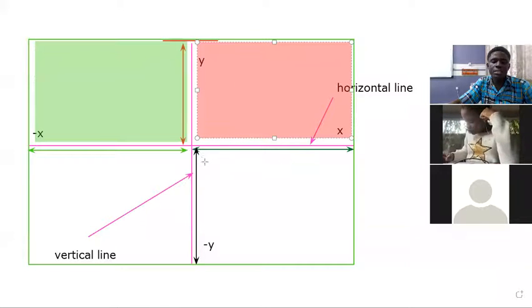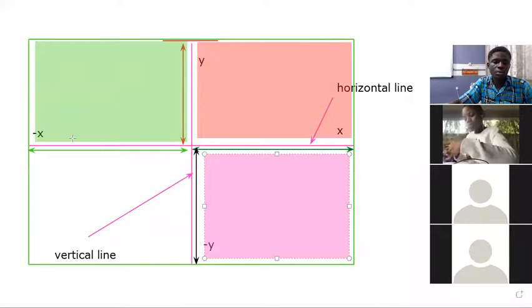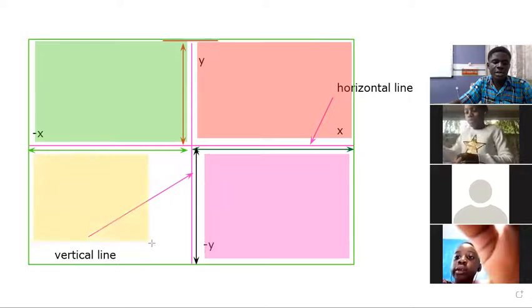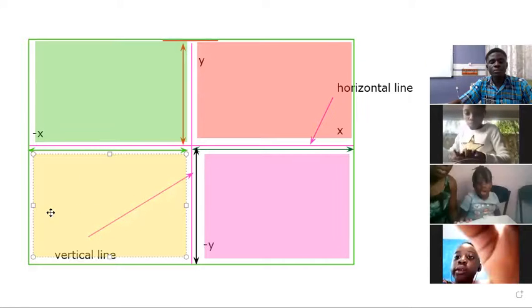Look at it. This is horizontal. And then we have this area and this area. You see it? So we have the green area, the red area, the violet area, and the orange area.